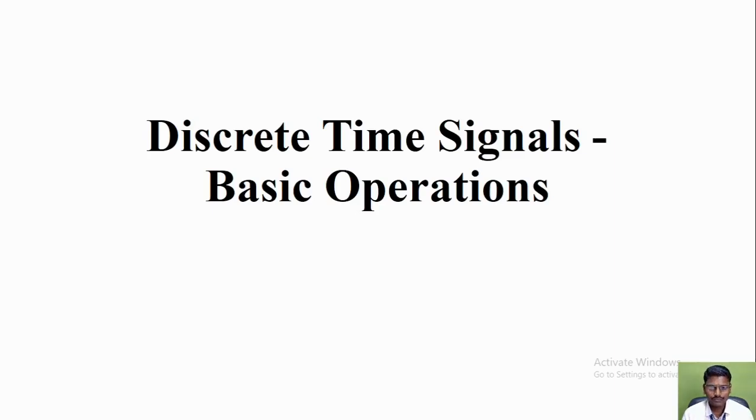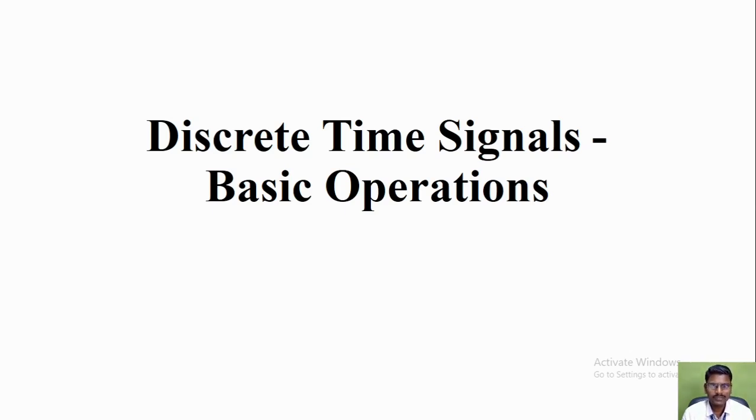Hi everyone, in this video we are going to discuss the basic operations and manipulations done on discrete time signals. We are going to assume a discrete time signal x of n with some defined samples.